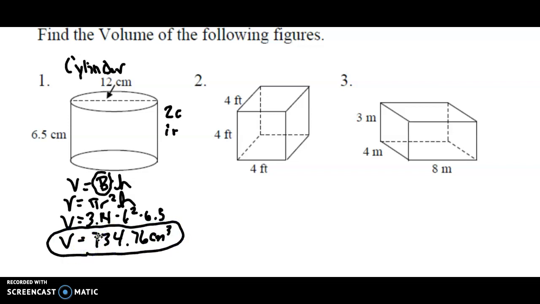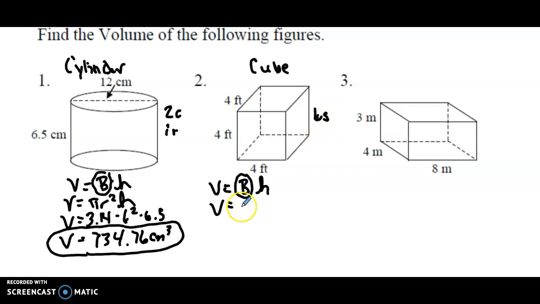Number 2. Again, I like to count all the shapes that are in here. When I look at this figure, I see that there are 6 squares. 6 squares make up a cube. Since they're all the same, we know that the square has to be the base. So V equals capital B times cursive H. Again, my first step here is to replace this capital B with the formula for the area of my shape.